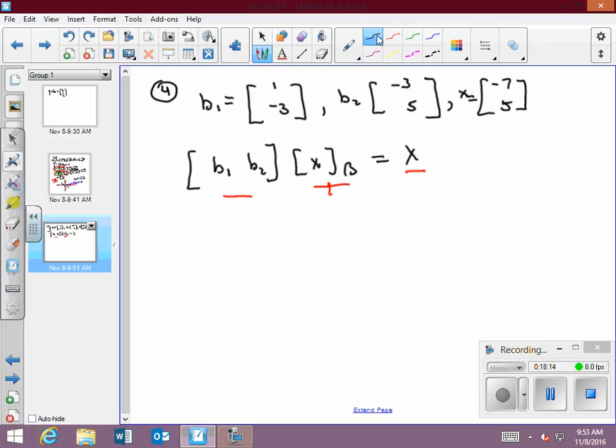So that's 1, minus 3, minus 3, 5, and augment it with minus 7, 5. And then do reduced row echelon. So it's 1, minus 3, minus 7.